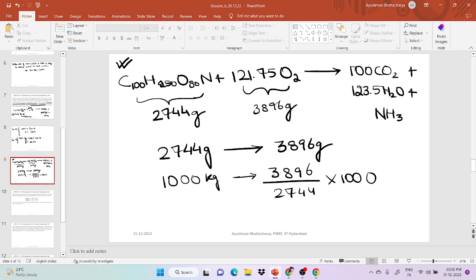So you will get around 3896 divided by 2.744, which is around 1419.825 kg. So this much amount of oxygen is required, which we calculated for the purpose of finding the oxygen required.